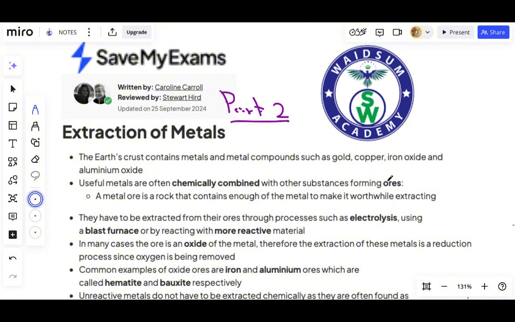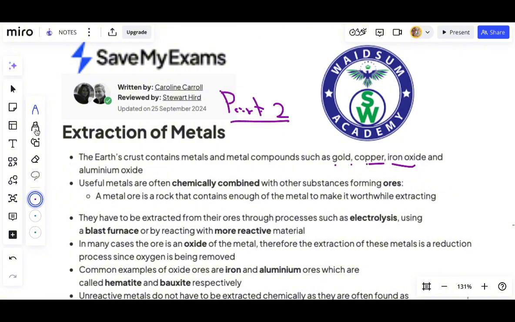Some of the minerals or metals that are found on earth are gold, copper, and iron oxide, especially iron 3 oxide.